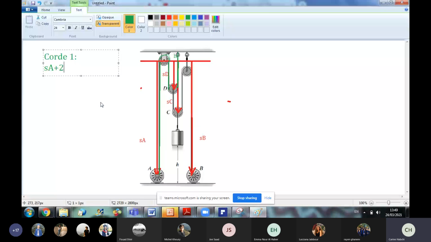So SA plus 2 SD equals a constant. If I derive this relation, I have VA plus 2 VD equals 0. So this is relation number 1.